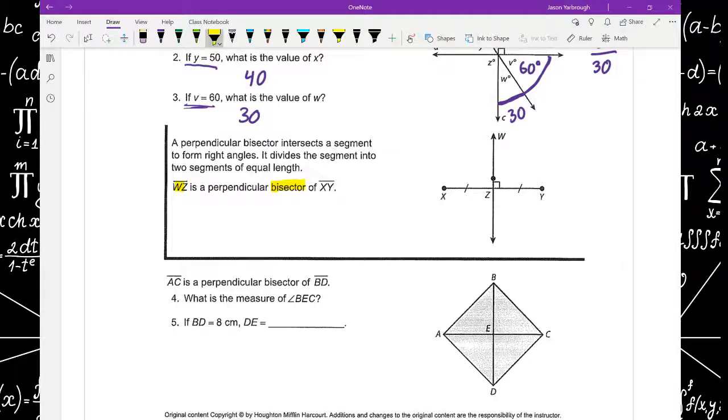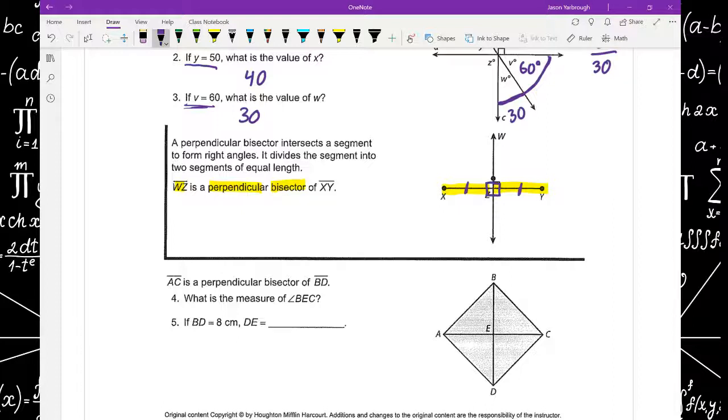WZ is this section here. It comes in and cuts XY in half. So notice that they have the markings that show that these are equal to each other. Now, WZ is not cut in half. It just cuts the other part in half. The other thing about it is the perpendicular part means that where it meets is 90 degrees. So we've got the 90 degrees here, and technically all four parts here are 90 degrees.